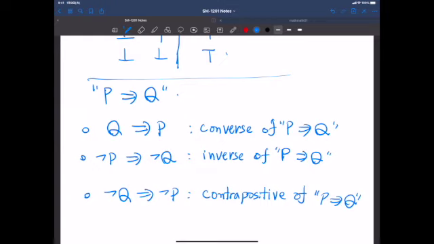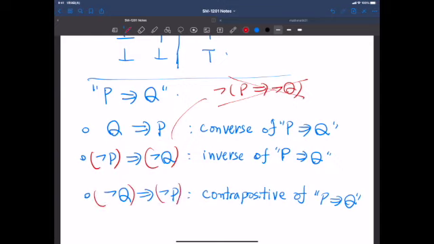By the way, when we write not P implies not Q like this, it means negation binds more strongly. This does not mean not of P implies not Q. So this is wrong. And same for this. Okay.